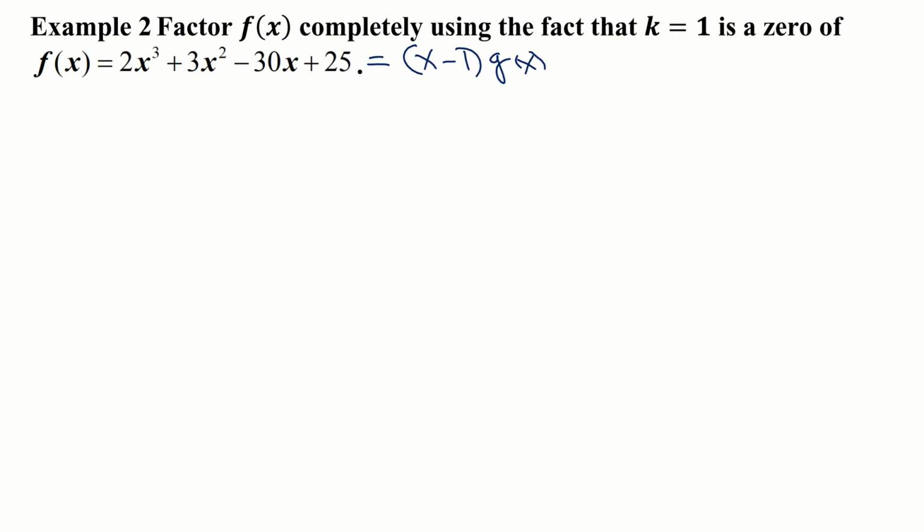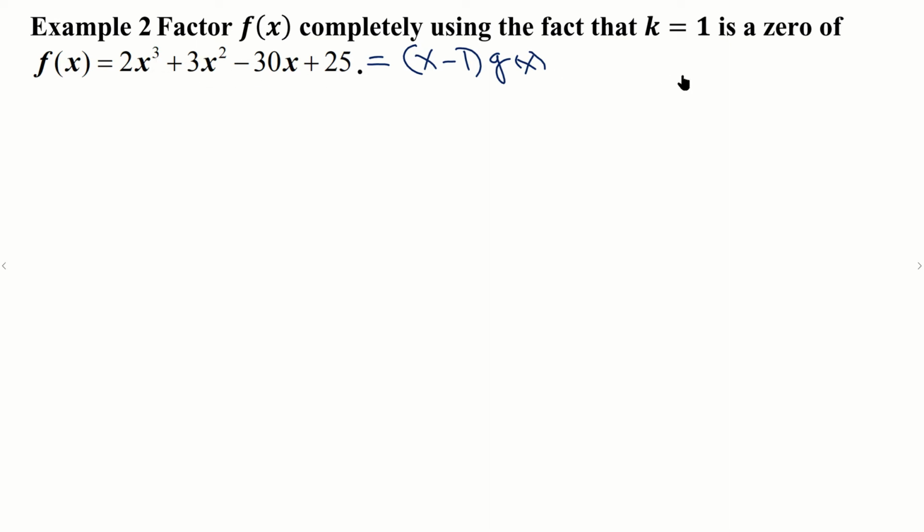So what we can do now is use the fact that if we divide f of x by x minus 1, the remainder is going to be 0, and it's going to tell us what that q of x is going to be. So that's what we're going to do. Notice descending order and no missing terms.